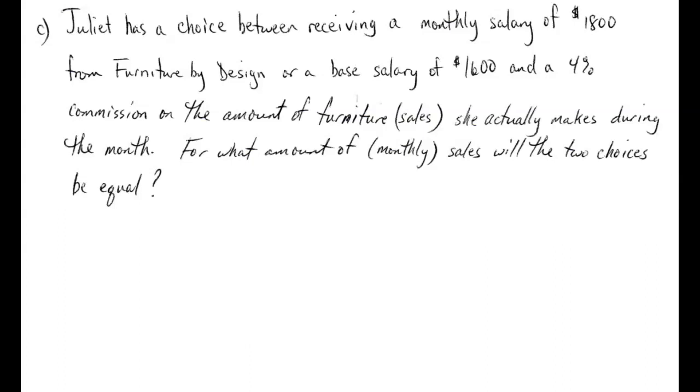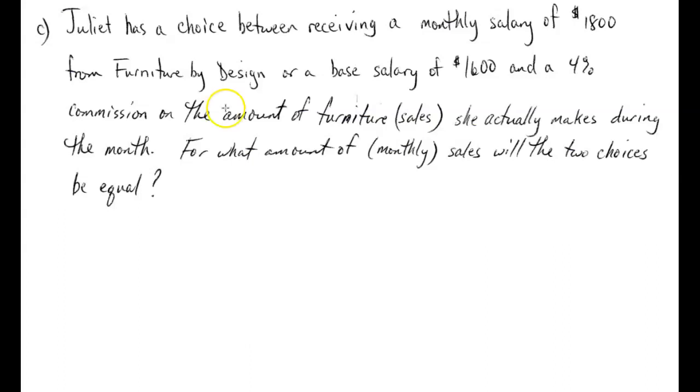So we see here Juliet has a choice in between receiving a monthly salary of $1,800 from Furniture by Design or a base salary of $1,600 and a 4% commission on the amount of furniture sales she actually makes during the month. For what amount of monthly sales will the two choices be equal?